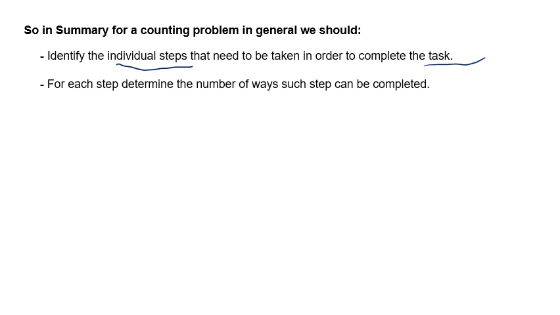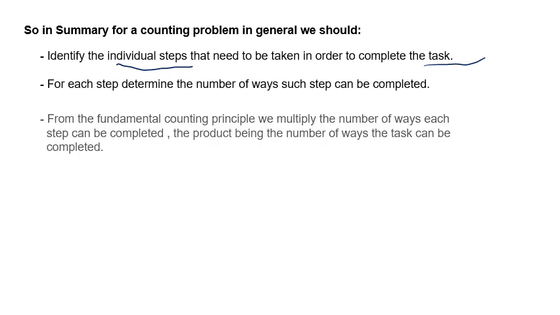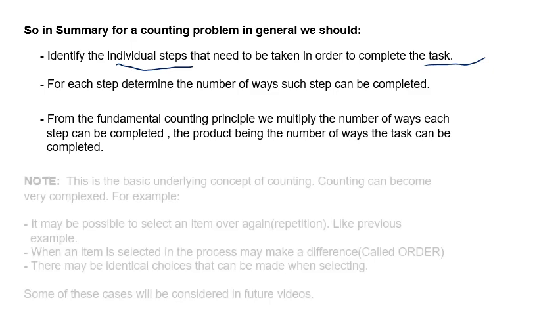For each step, determine the number of ways that step can be completed. From the fundamental counting principle, we multiply the number of ways each step can be completed, the product being the number of ways the task can be completed.